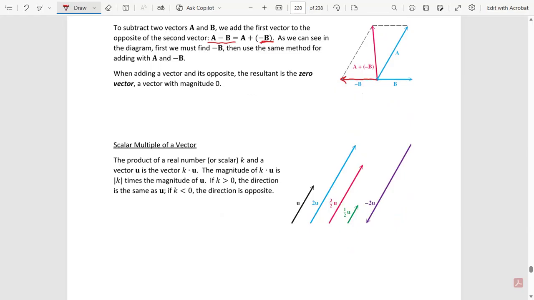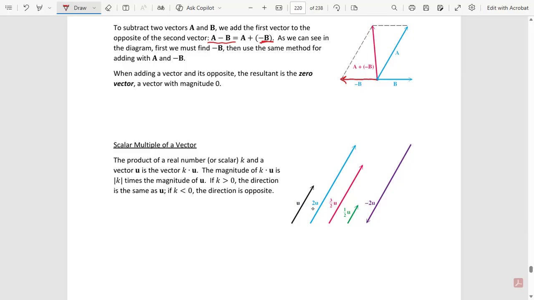A scalar multiple of a vector. When we have a vector like vector u, if we multiply it by a number, when we talk about vectors, the numbers are called scalars. When we multiply by a scalar, like 2, 3, 1/2, 3/2, we are actually changing the magnitude and possibly the direction.